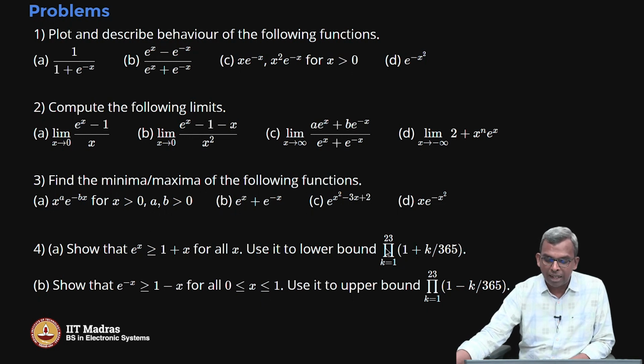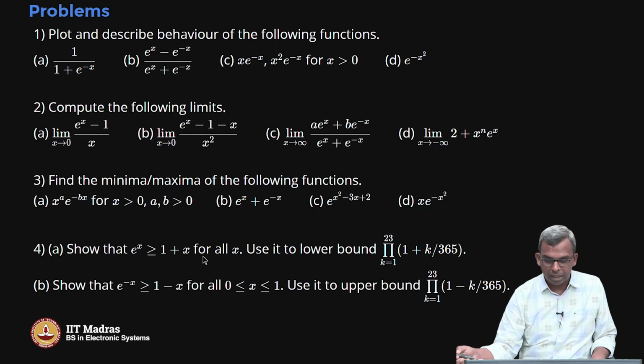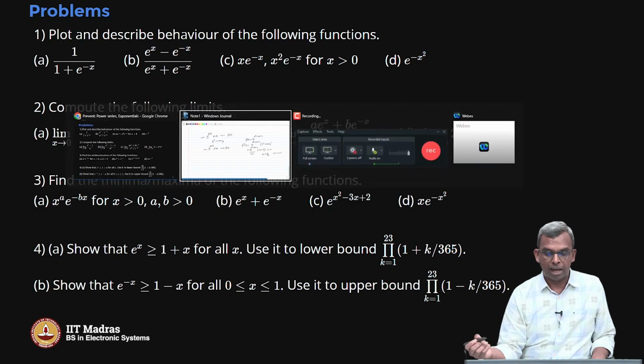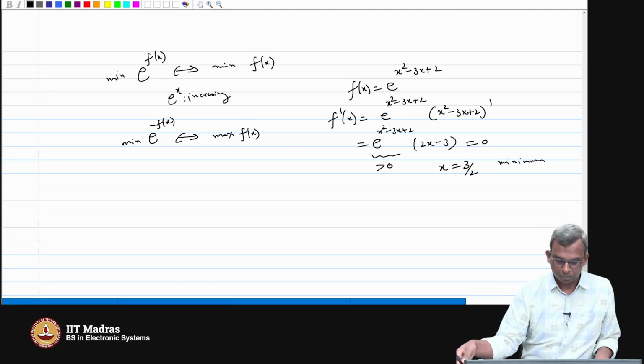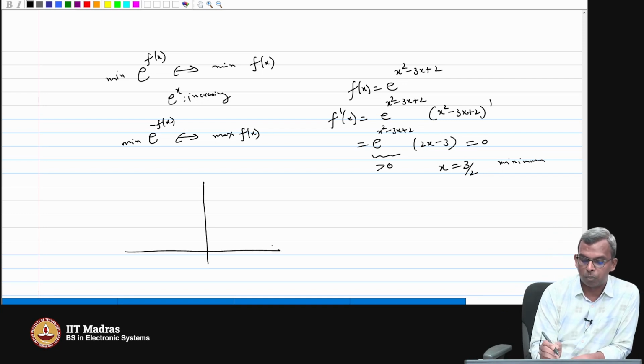For most of these kind of quantities, you can use this powerful relationship between e power x and 1 plus x. Okay. So, it turns out this e power x is greater than or equal to 1 plus x for all x. So, this is a very useful inequality to have. Okay. Let me plot very quickly how e power x is going to look. Okay. So, e power x is going to go like this, right?